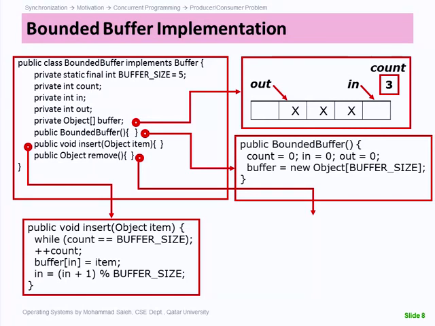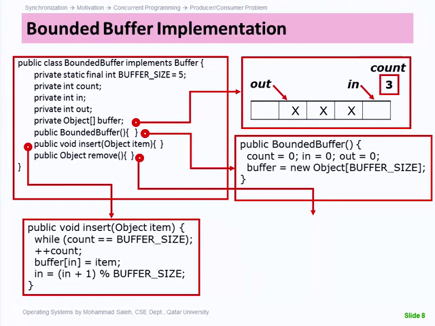However, who's the only one who can make this condition false? A consumer calling remove, right? Because the consumer calling remove will reduce count.